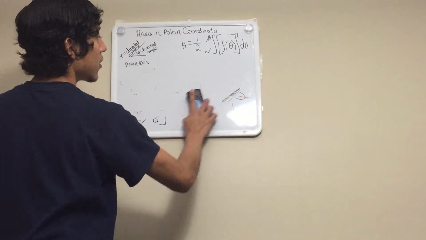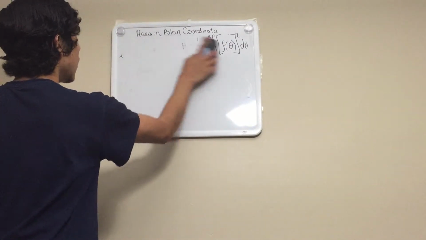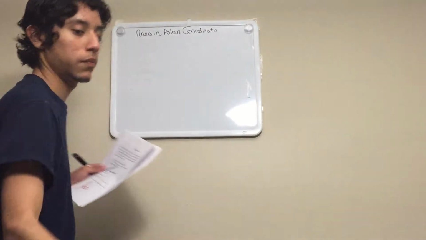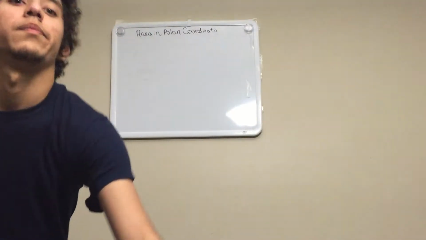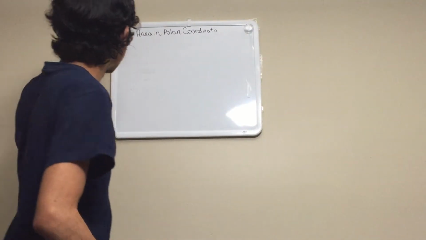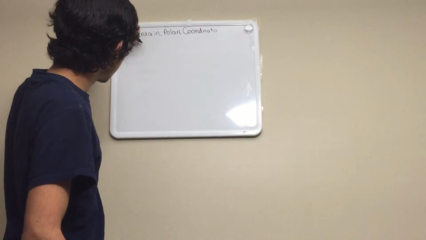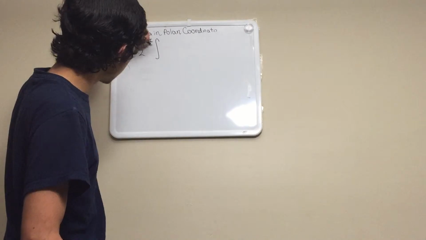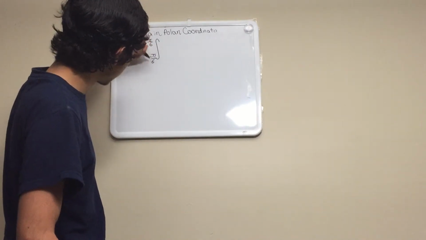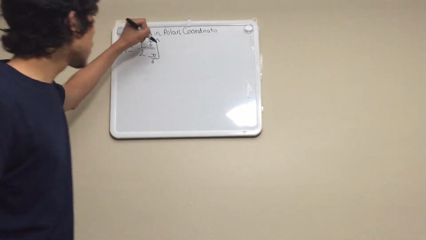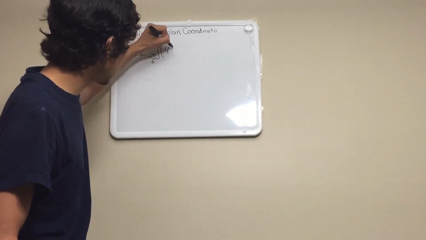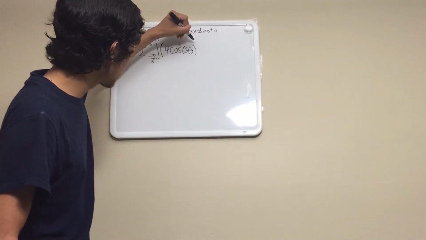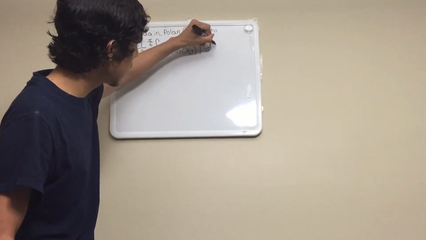I'll write the function once again. So we had that the area was 1/2 the integral from pi over 6 to negative pi over 6 of the function, which we said was 4 cosine of 3 theta, squared, d theta.